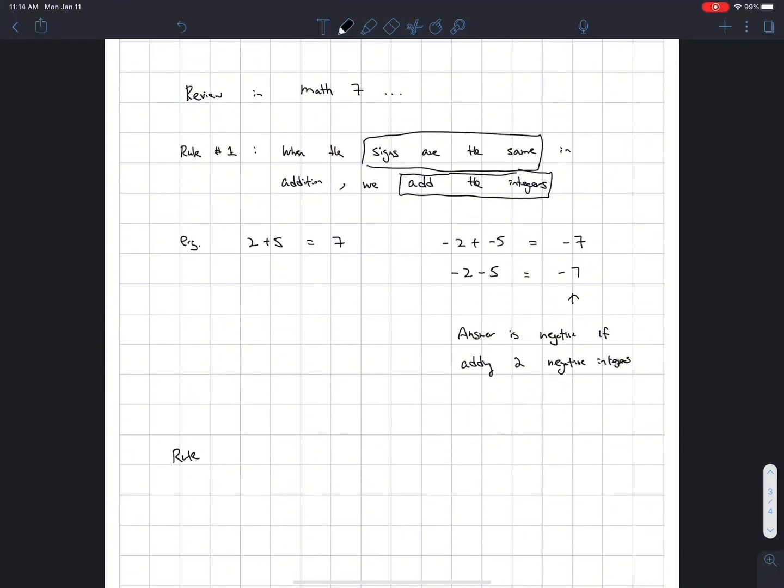We also have a rule number 2 in adding and subtracting integers. When signs are different, use the bigger digit to subtract the smaller digit.